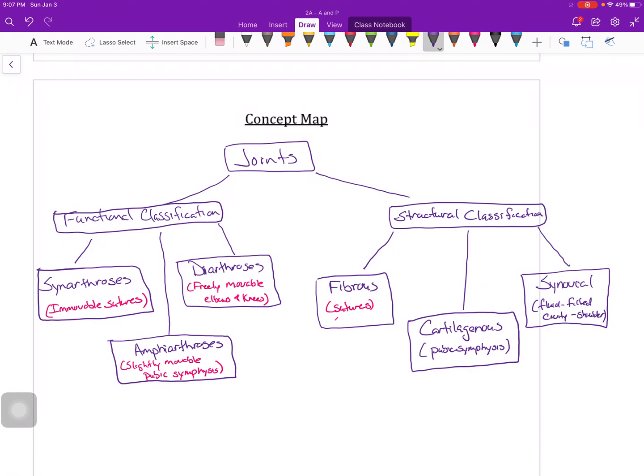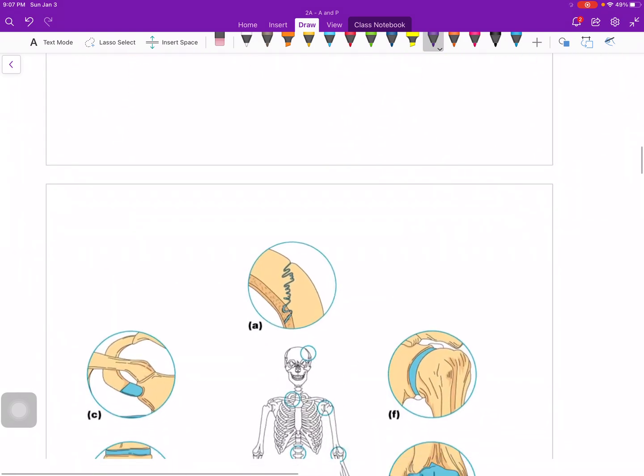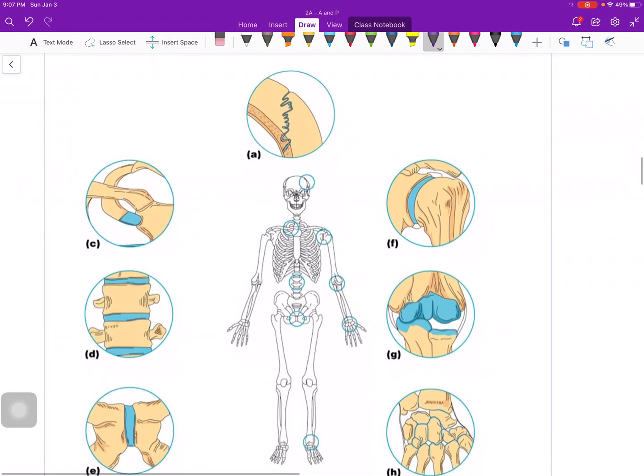All right, so the next thing we've got are some examples of these, and we'll label these to see a little bit more in detail, and we'll give an example of each one. And so we put these into categories, the different categories. So we're going to start over here on the left.